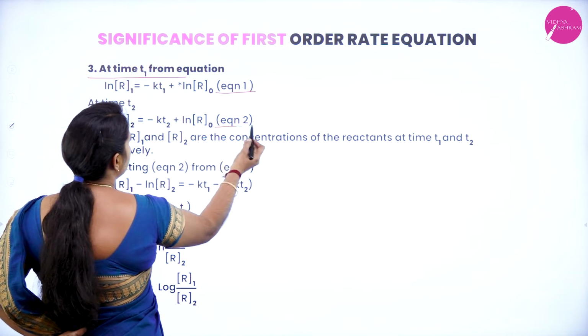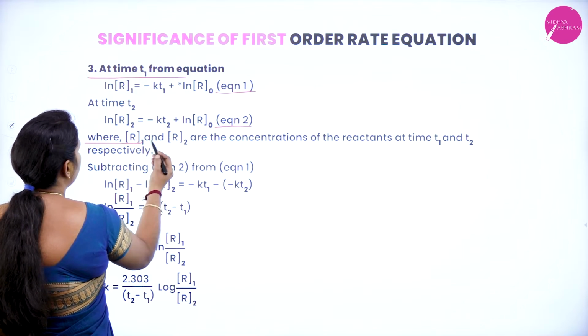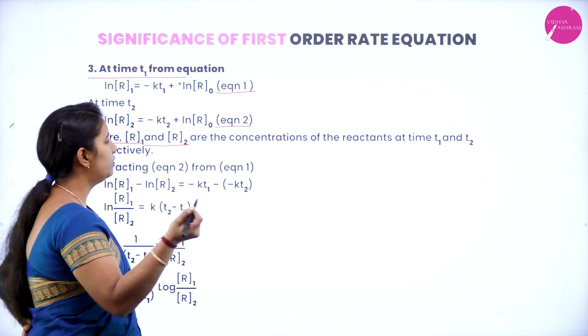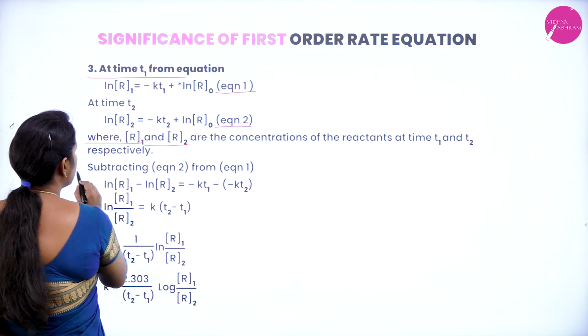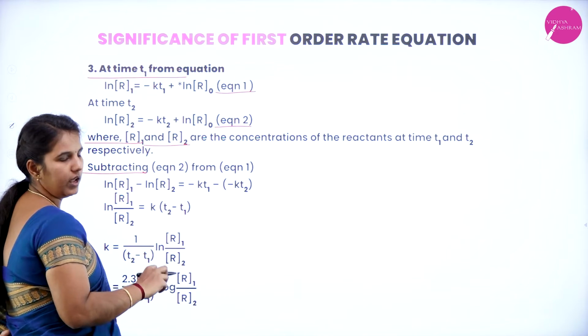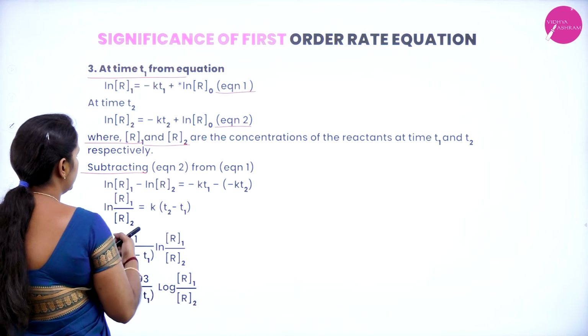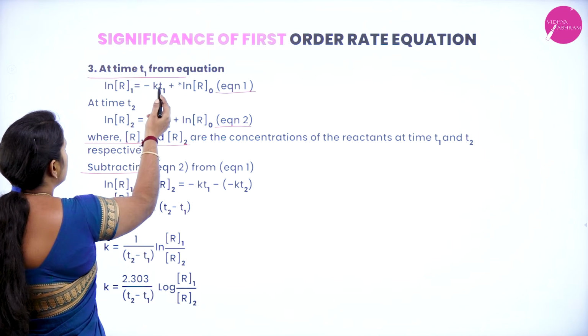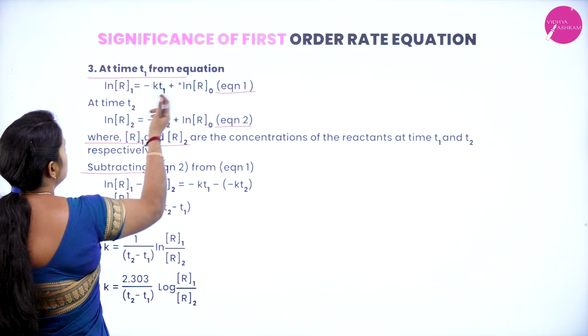This is equation 2, where R1 and R2 are the concentrations of the reactant at times t1 and t2 respectively. Now, by subtracting equation 2 from equation 1, ln R1 is equal to -kt1 plus ln R naught.